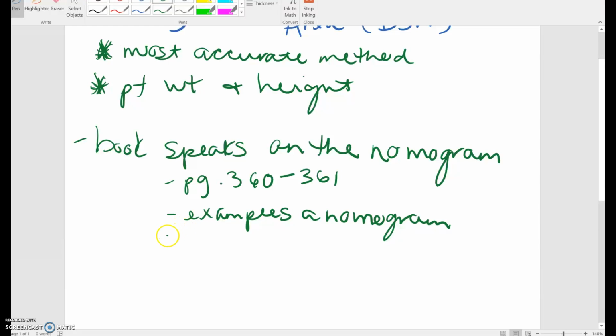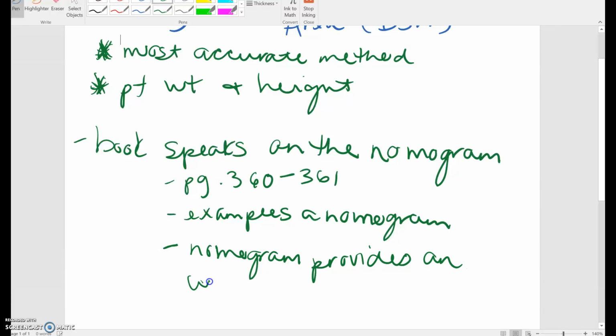Well, one of the things I'm going to tell you is that a nomogram, all right, provides an approximate body surface area calculation. All right.